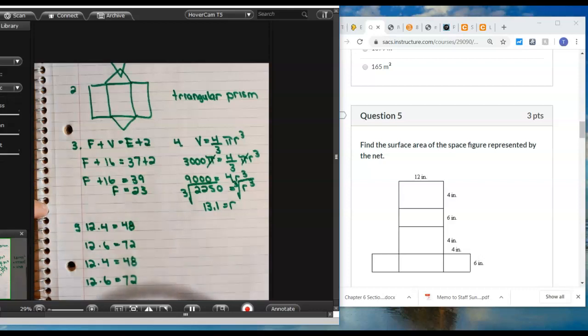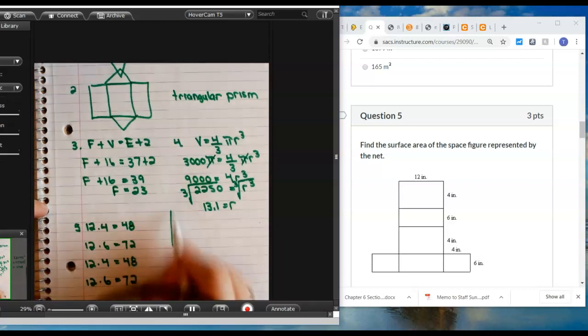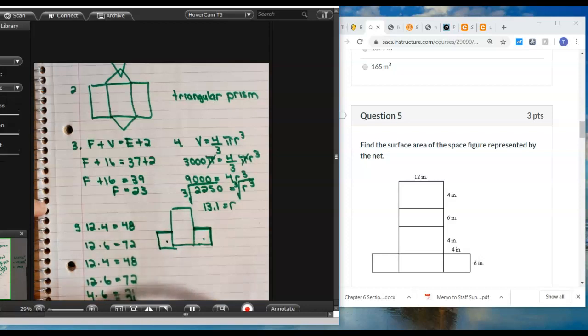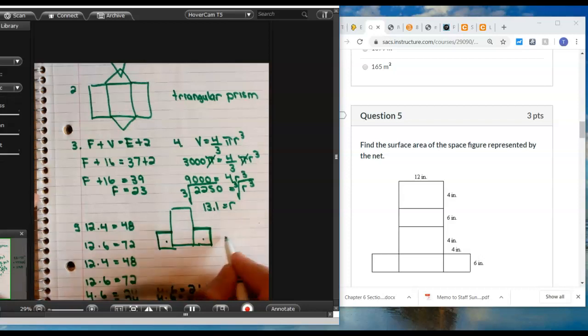So that means I found all of those rectangular faces. Now I've got the left and right. So in other words, I had all of this in here. Now I need to find these two. If you notice, this is 4 by 6 and this one is 4 by 6. So that means I've got 4 times 6 and another 4 times 6. So finally, I'm going to add all those up. And we come up with 348.